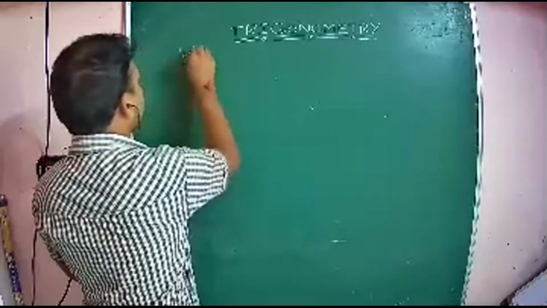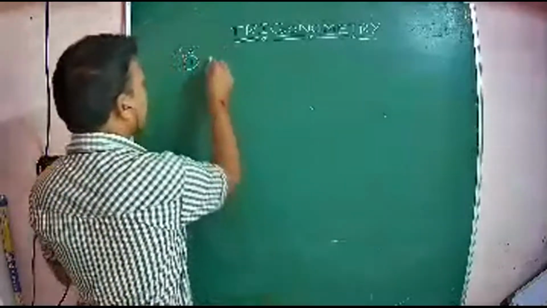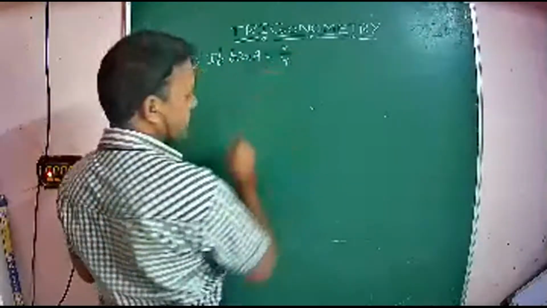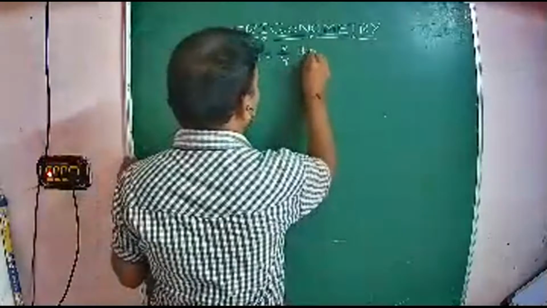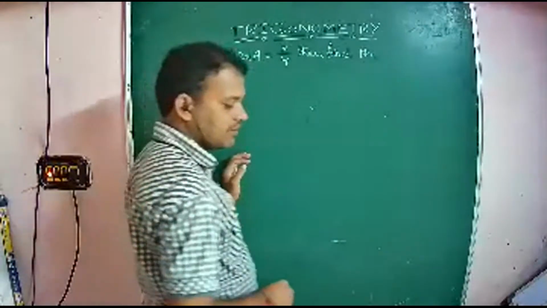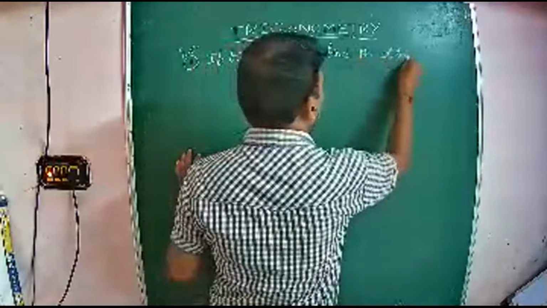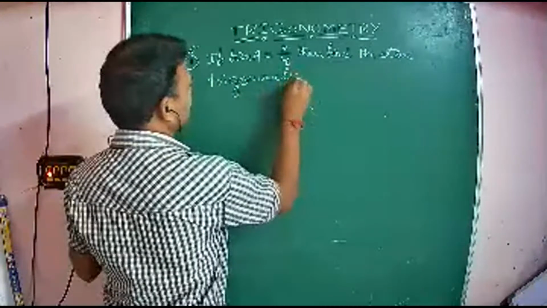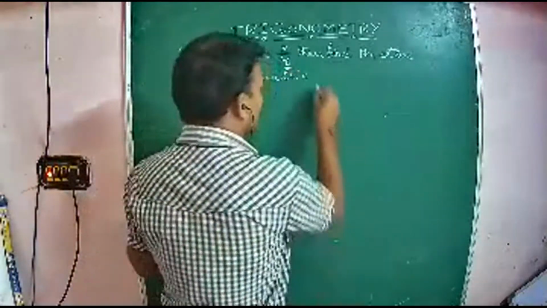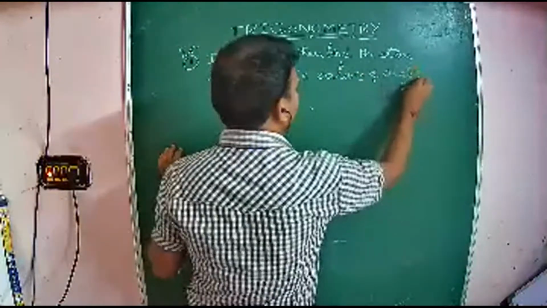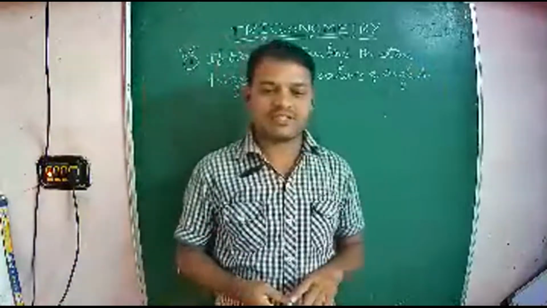One example: if tan A is equal to 3 by 4, then find the other trigonometric ratios of angle A.